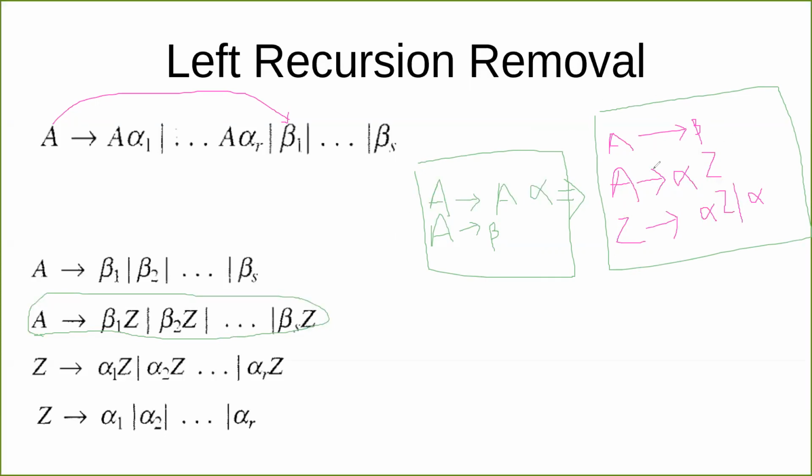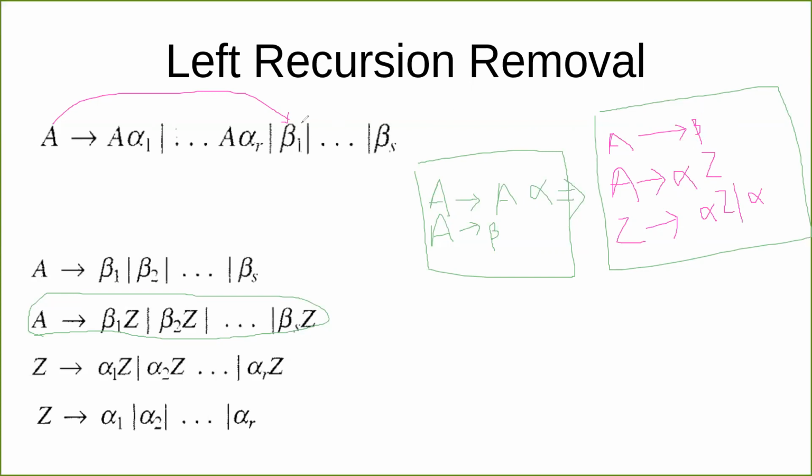It is clearly visible that there is no left recursion, because there is no production in this grammar where the left hand side and the first symbol of the right hand side are the same symbol. Here A and here beta. The first symbol of beta could not be A. Why?